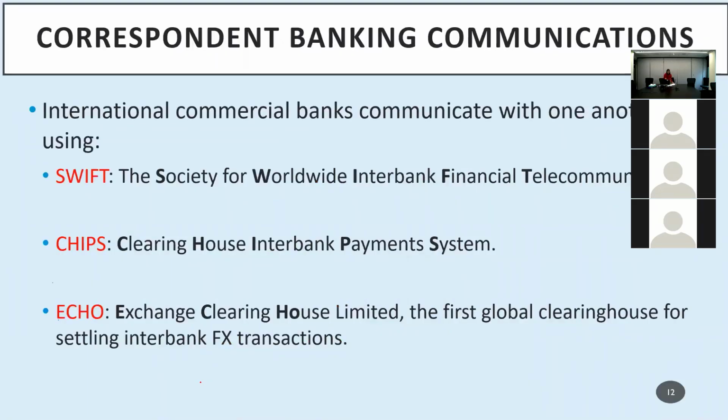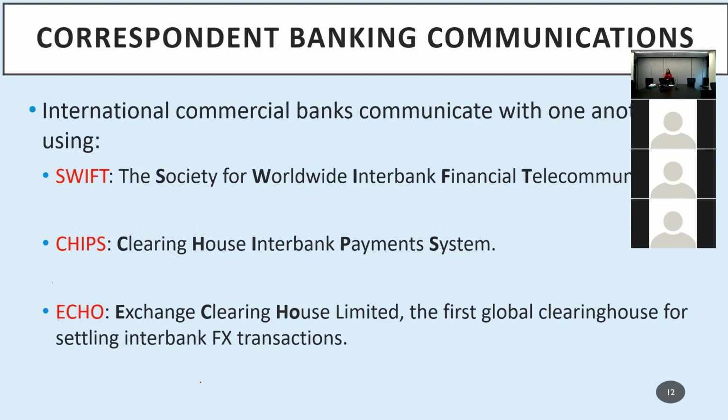All right, so the way that banks communicate about these transactions is through the following systems. You've got the SWIFT system, which is for the messages between the banks. We also have a clearinghouse interbank payment system.